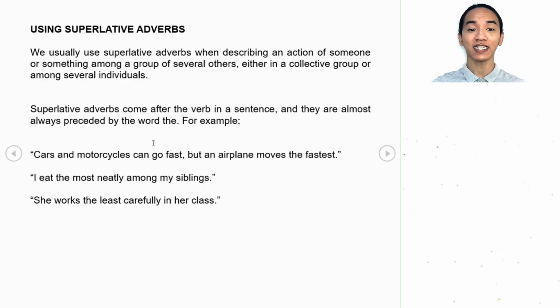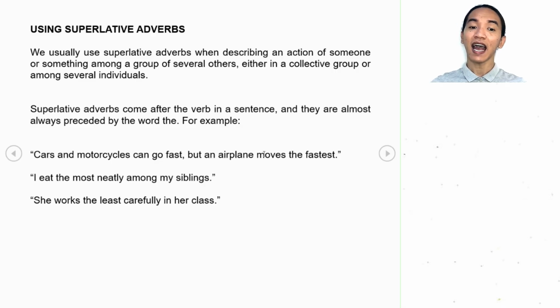For example, cars and motorcycles can go fast, but an airplane moves the fastest. So now we're comparing the action of cars, motorcycles, and airplanes. As you can see here, the airplane moves the fastest.